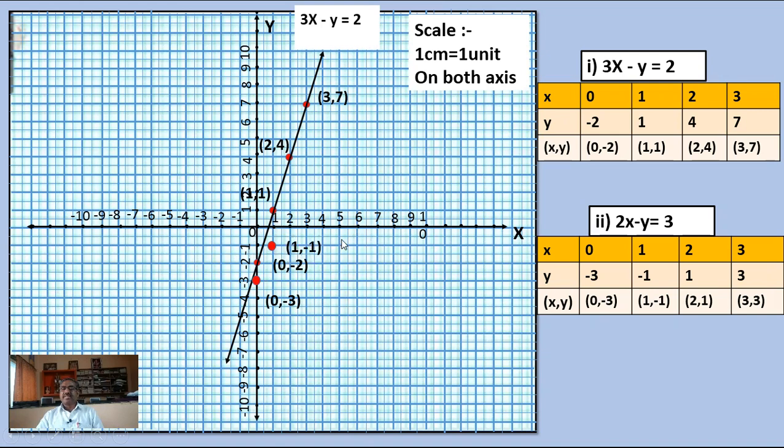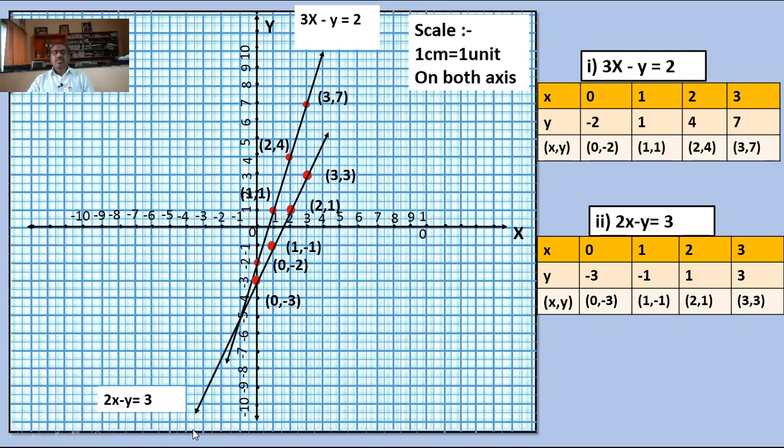Next point is (2, 1). x coordinate is 2, y coordinate is 1, then we get the point (2, 1). And (3, 3), x coordinate is 3, y coordinate is 3, then we get this point. We draw a line passing through all these points, then you get a straight line. This is the graph of equation 2x minus y is equal to 3.